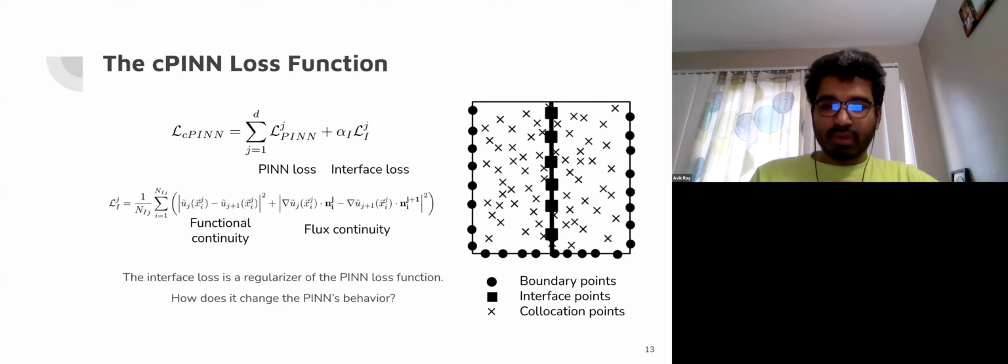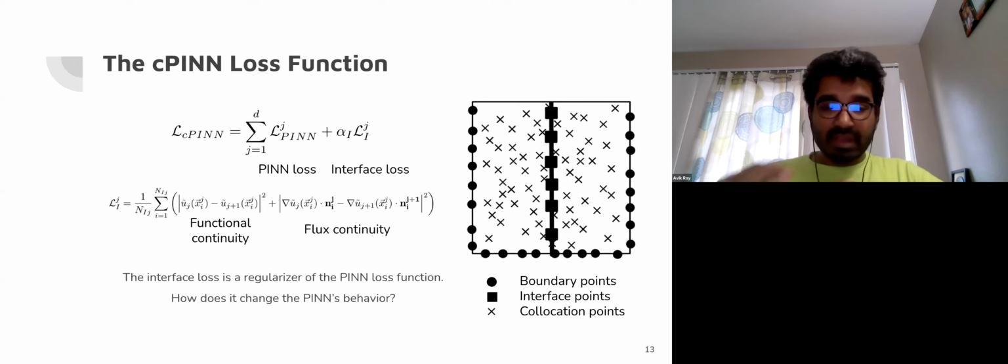You also want to ensure that the gradient you evaluate from the left subdomain matches the one from the right subdomain, and you employ those continuity conditions in your loss function as a part of the interface loss.